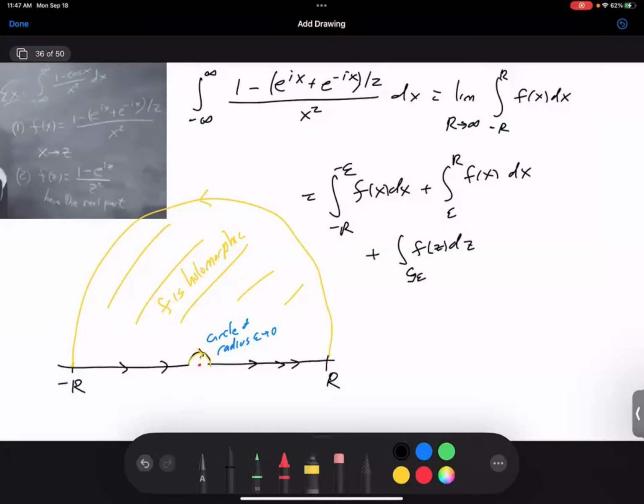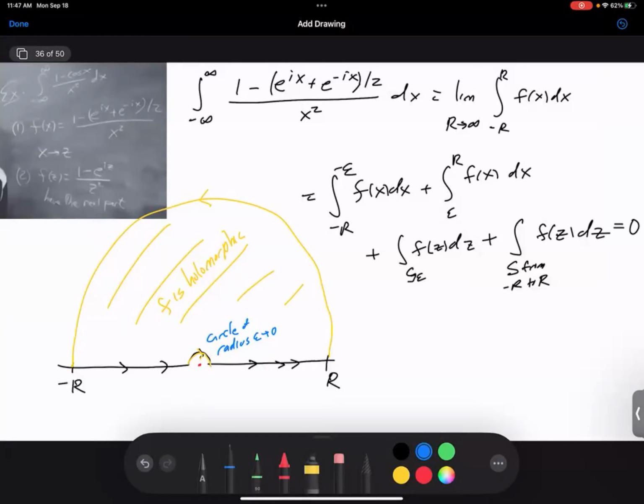Now, the last one is we have a semicircle going from r to minus r, from minus r to r of f of z dz. Okay? And this whole thing is going to equal 0.